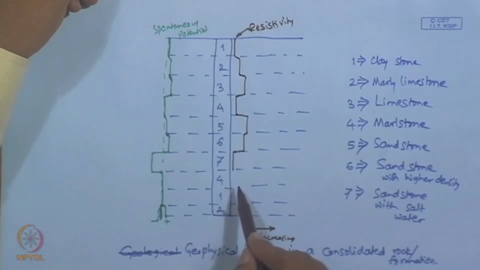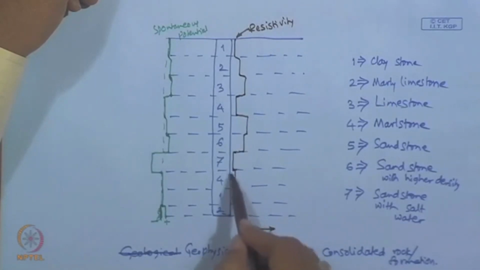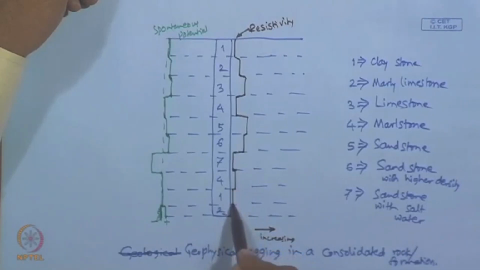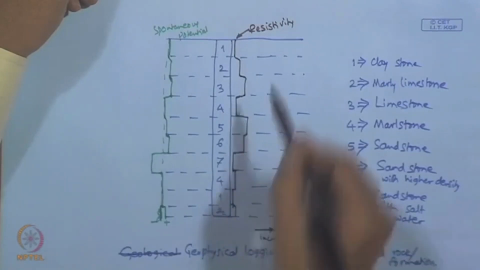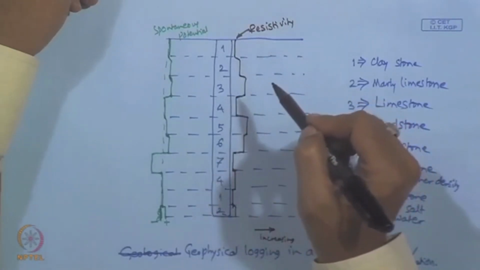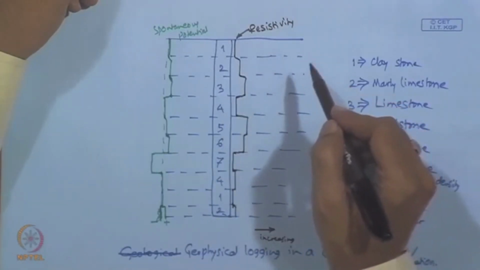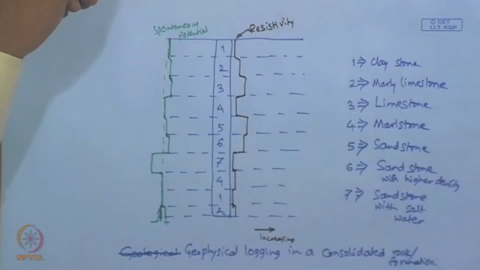Then the fourth one is marlstone, which will have slightly more resistivity than sandstone with salt water. Then again this is claystone with low resistivity. Then again this is a marlstone. So this is the resistivity log.